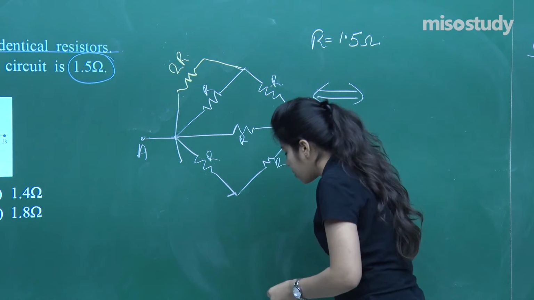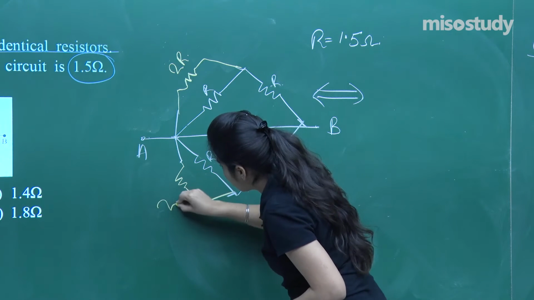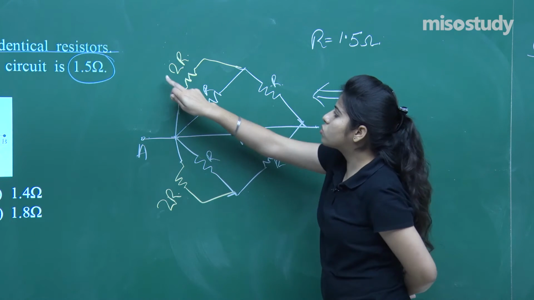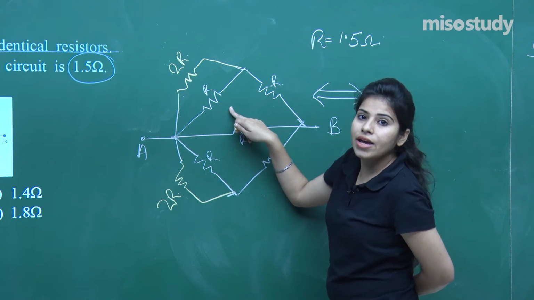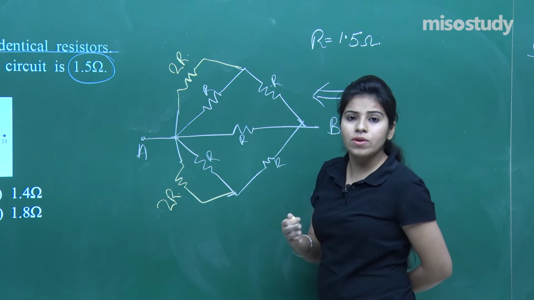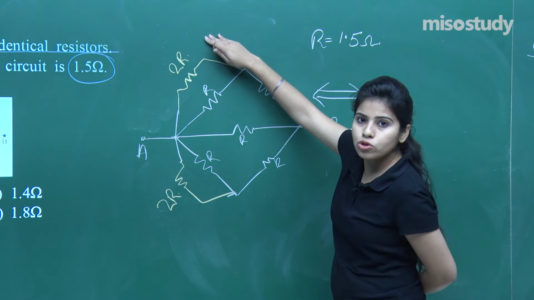So let me just convert it into 2R. Now what you can observe over here, this 2R and R are connected in parallel. So if they are connected in parallel, what will be the combination of that? That means 1 upon R plus 1 upon 2R.